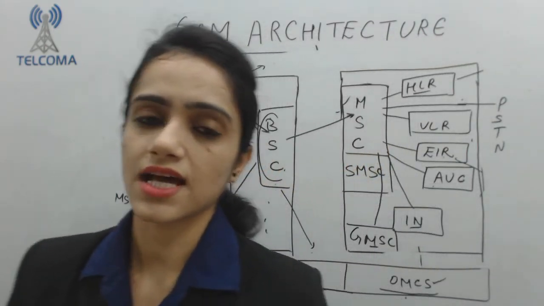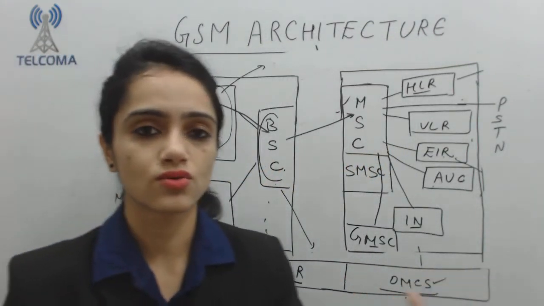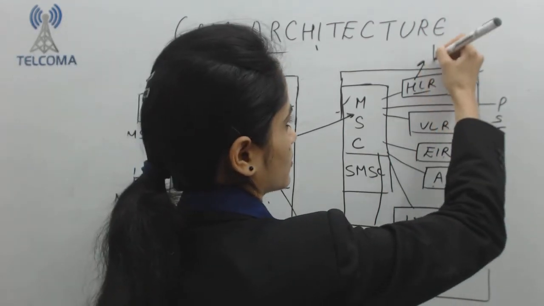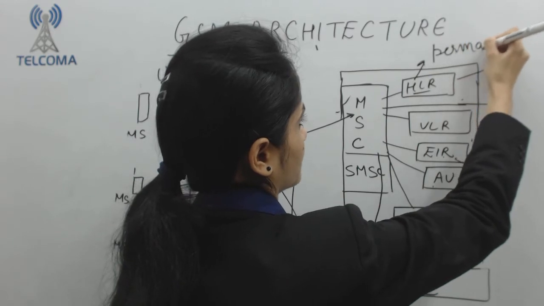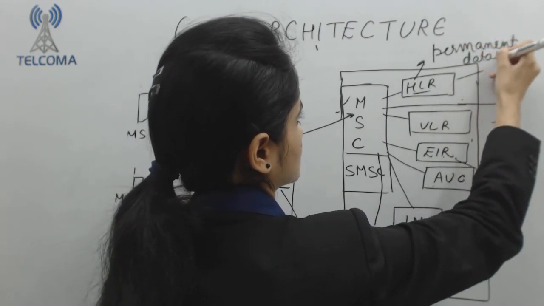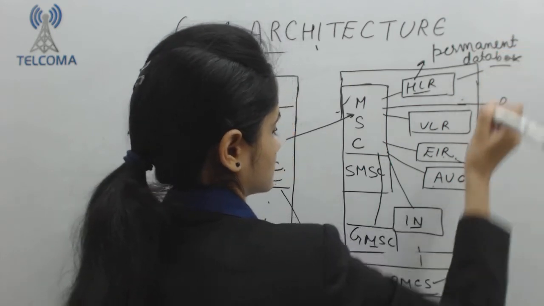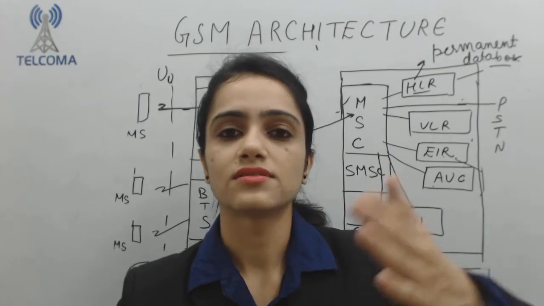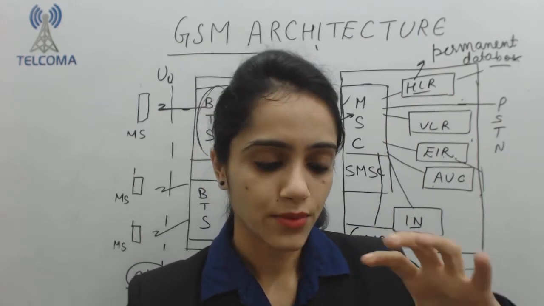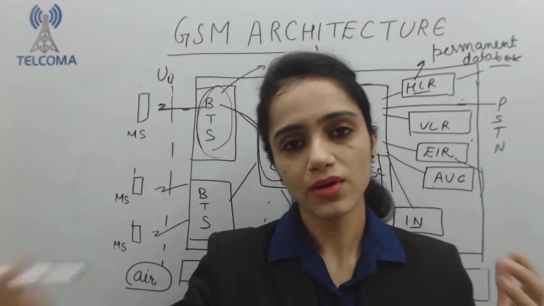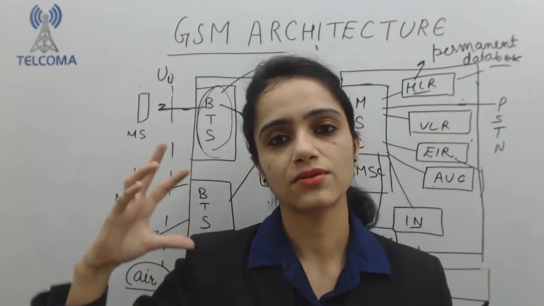Home location register has a functionality that it stores the permanent location of the users. So for a home location, we have a permanent database. Permanent means, whenever we go to purchase a SIM, I require an address proof, and according to my location they allocate me a particular cell.